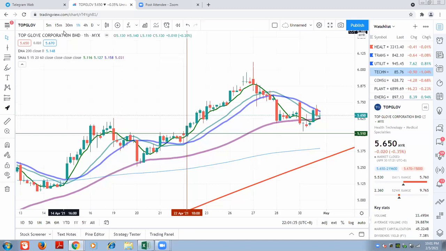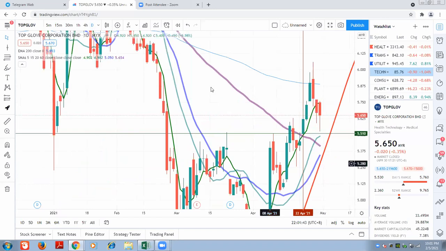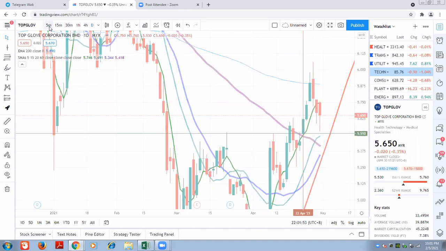When you use the right time frame, let's say you want to do FIFO, you're not going to use the day chart, because the day chart tells the story of a single candle, 1 day. If you want to do FIFO, you use a 5-minute chart.